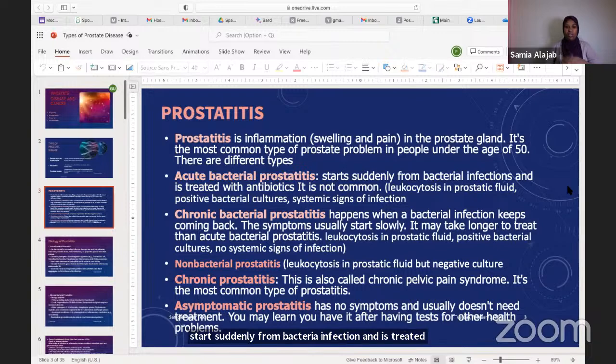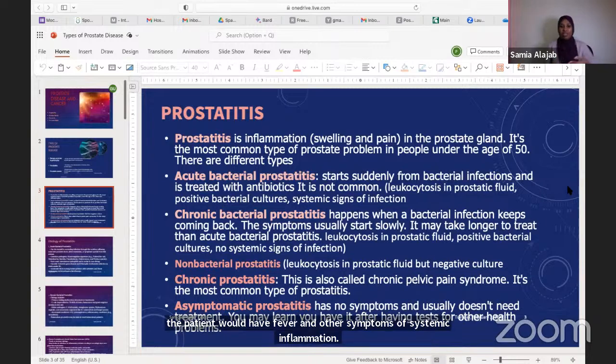It is not that common. On urine tests there would be leukocytosis in the prostatic fluid and a positive bacterial culture. There will also be systemic signs of infection, like fever and other symptoms of systemic inflammation.